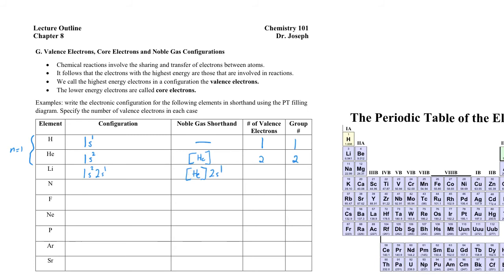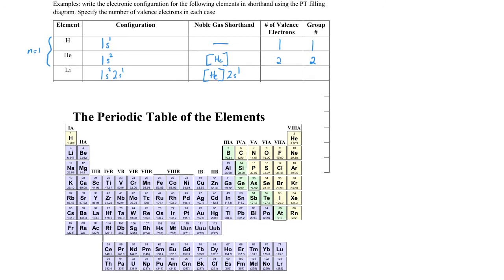So I'm actually going to move the periodic table over here for a minute so we can take a look at what the significance of that is. So notice that lithium right here follows helium, right? So lithium at its core has a helium configuration underneath its valence shell, just like the noble gas shorthand shows. And this is true really for any element.